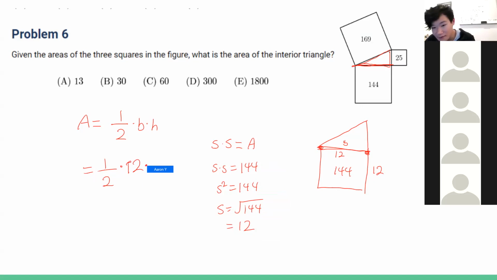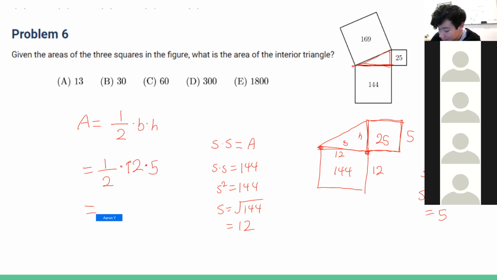How do we find the height? Well, luckily, we're given another square right here. And this has an area of 25. And we can use the same process. We know that s squared equals 25. And so s is the square root of 25, which is 5. So the side length, all of these sides are 5, including the height.